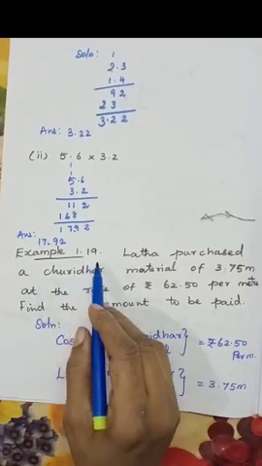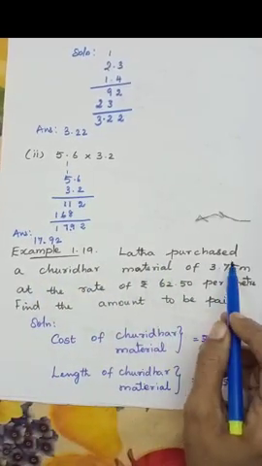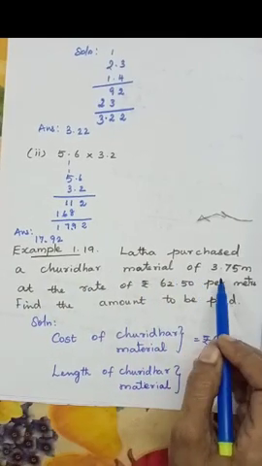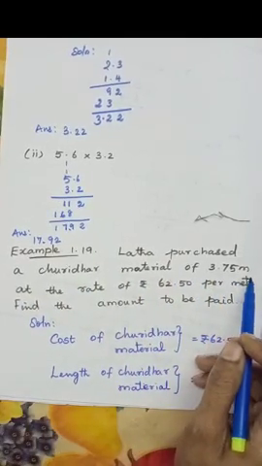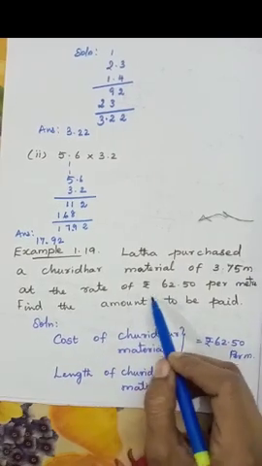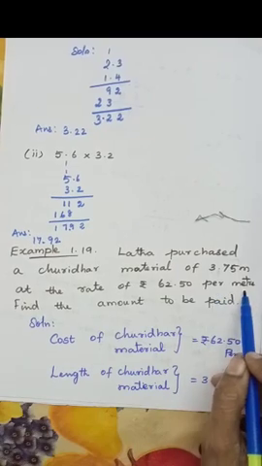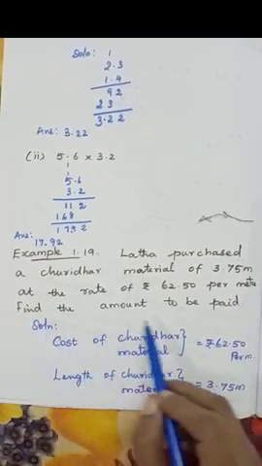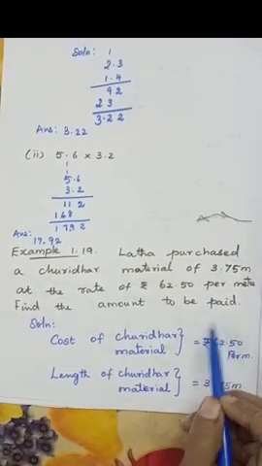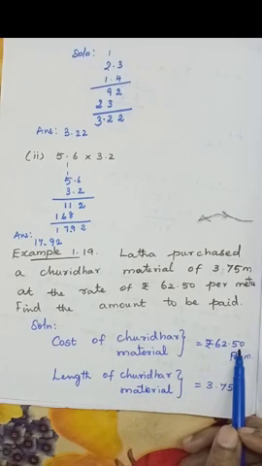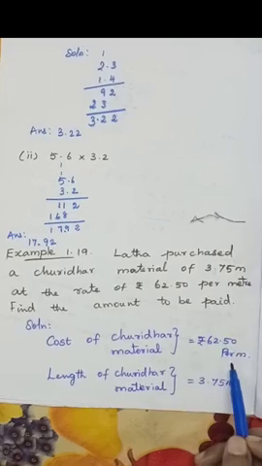Example 1.19. Lata purchased a chudidar material of 3.75 meter at the rate of rupees 62.50 paise per meter. Find the amount to be paid. Cost of chudidar material is rupees 62.50 paise per meter.